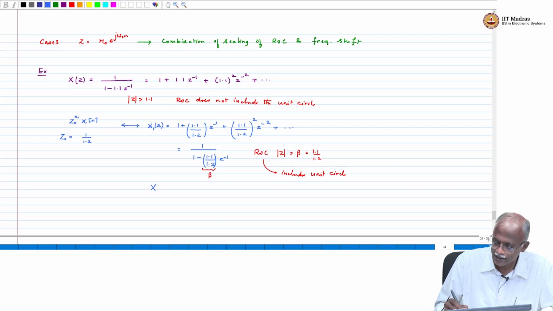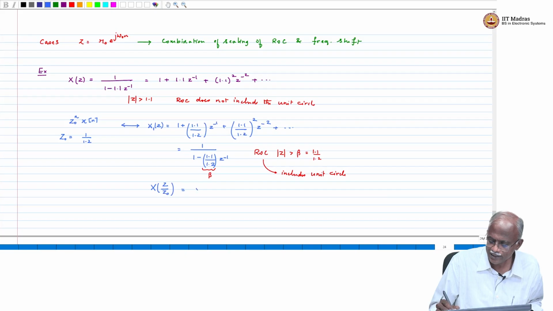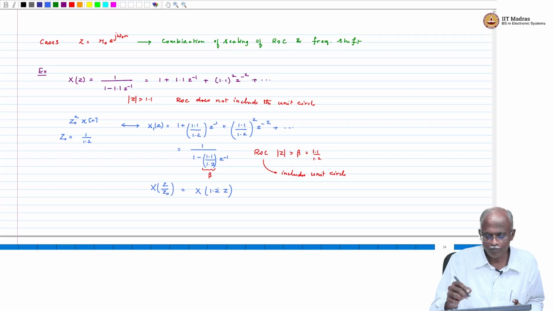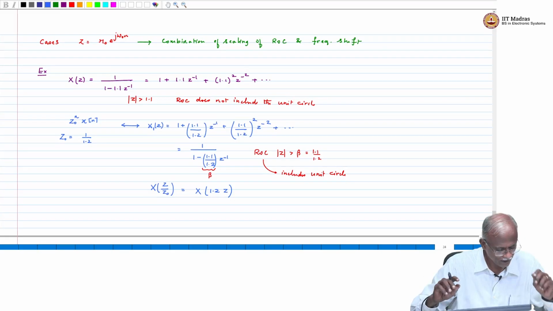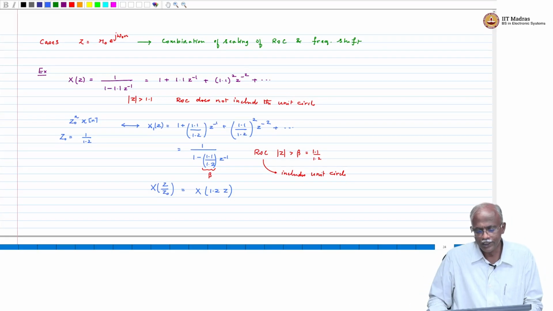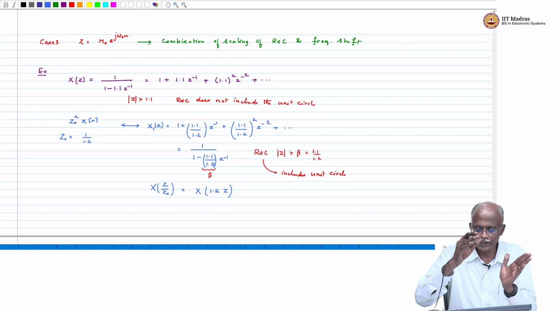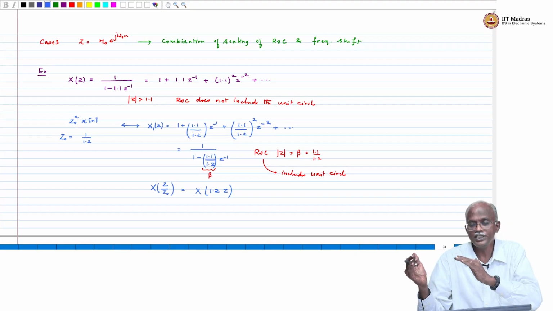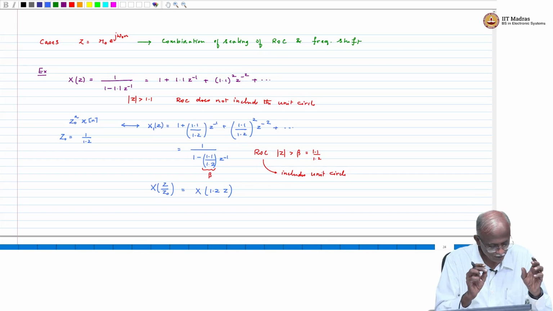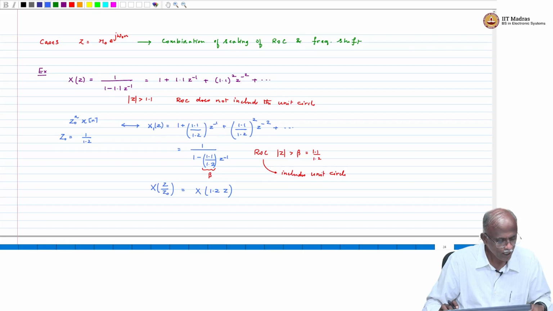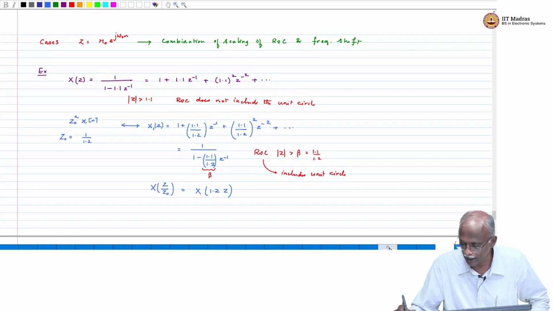This is the same as x of z by z0, which is the same as x of 1.2 z. This is the expression that we have. This is the effect of scaling, or multiplying by an exponential sequence. So what we find is that by introducing the correct exponential sequence, you can get a condition where you can analyze not only the Z transform, you can also analyze the DTFT if you need. So this is a way by which we can exploit the properties.